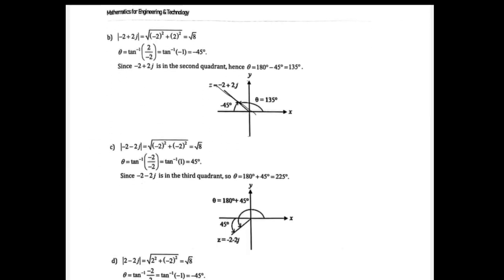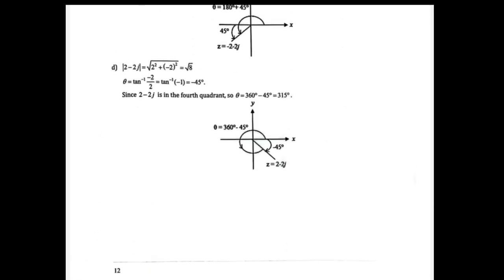Let's look at the answer. Right, so for D, the 45 degrees is from the x-axis, right? This 45. So what we want is the degree starting from the positive axis counterclockwise till you reach the line.